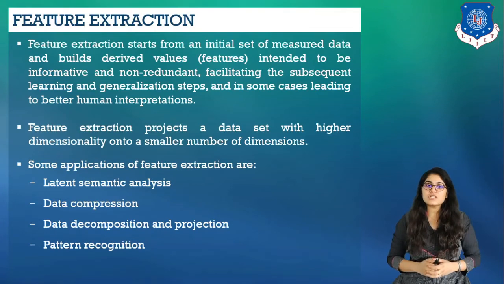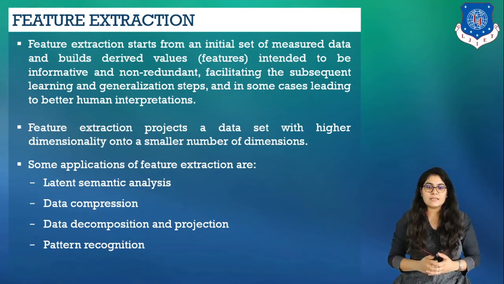Feature extraction is for creating a new, smaller set of features that still captures most of the useful information. Again, feature selection keeps a subset of the original features, while feature extraction creates new ones.